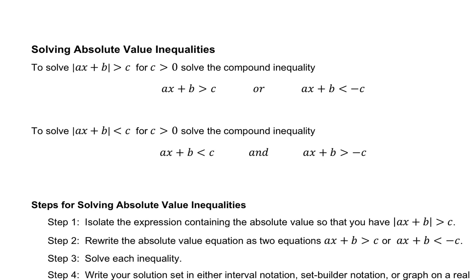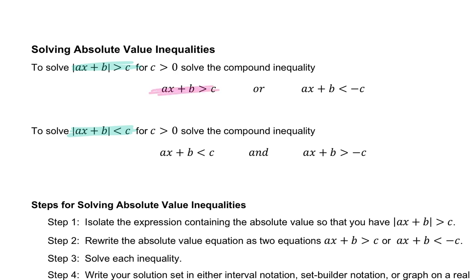All right, so now looking at inequalities, notice there's 2 sets here. So you're going to have ax plus b is greater than c, and then you have ax plus b is less than c. So this is what happens, and this is what you have to pay attention to. You're going to set them up just like you did before.